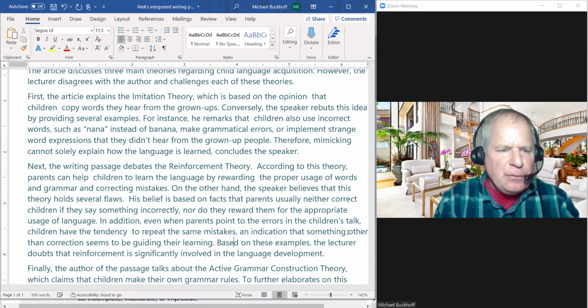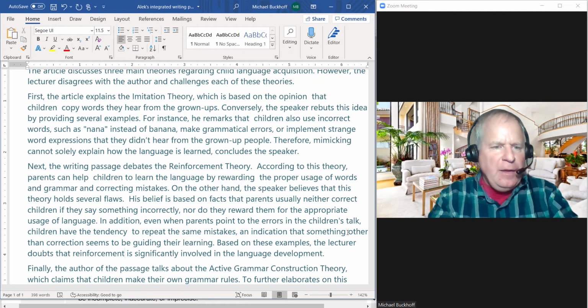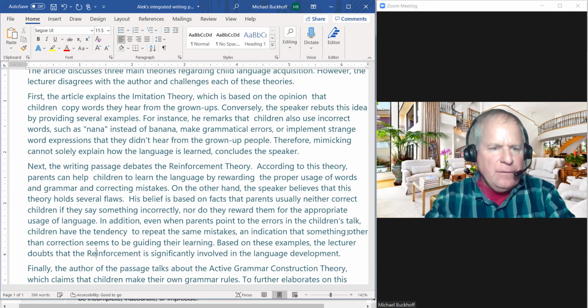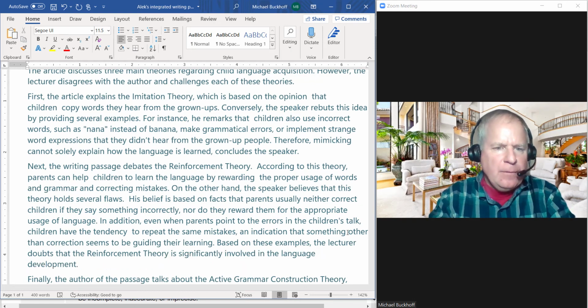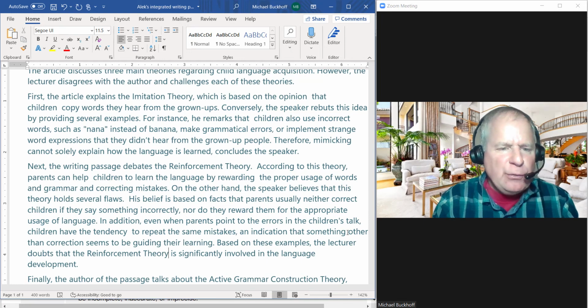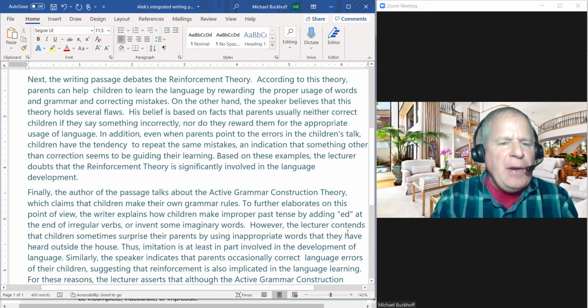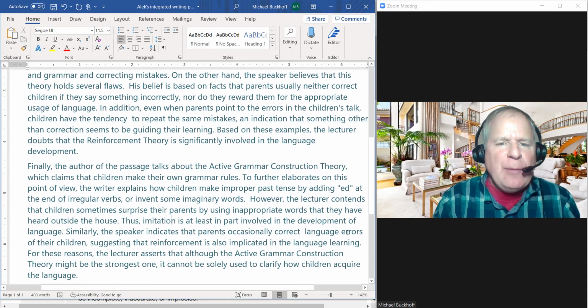Based on these examples, the lecturer doubts that, I'm going to put that the reinforcement theory is significantly involved in the language development. So that's good. Finally, the author of the passage talks about the active grammar construction theory, which claims that children make up their own grammar rules.